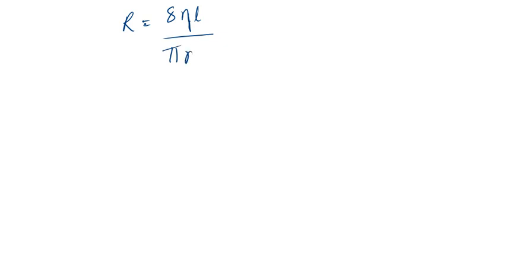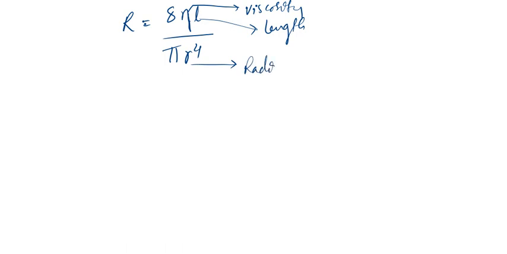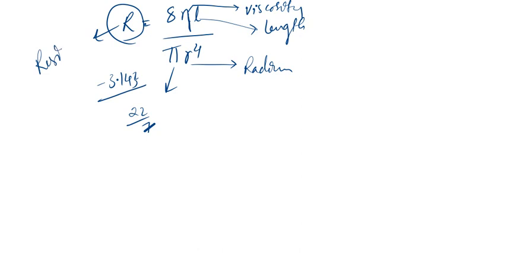Eta is the viscosity of blood, L is the length of the vessel, and r is the radius of the vessel. Pi value everybody knows, 22 by 7, that is 3.143 something, right? So you can get the resistance offered in a vessel by this calculation.